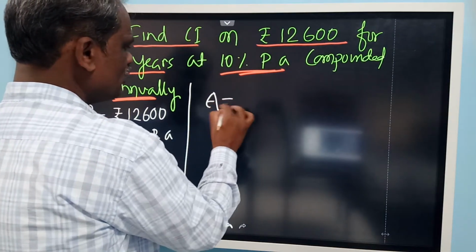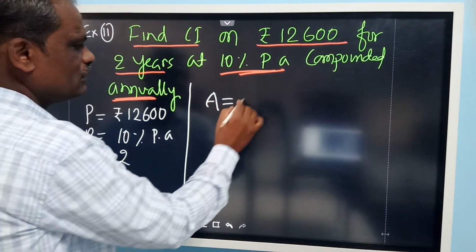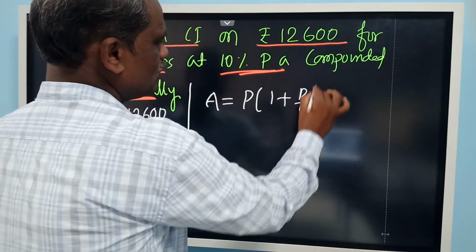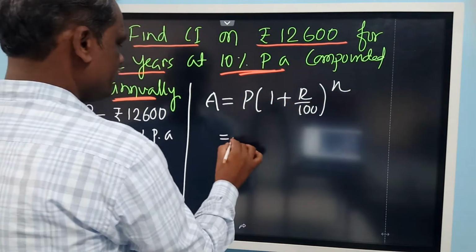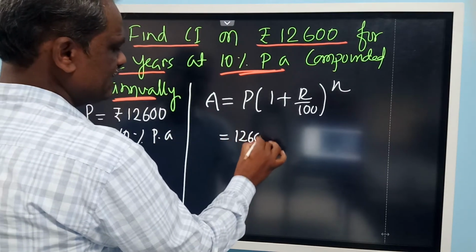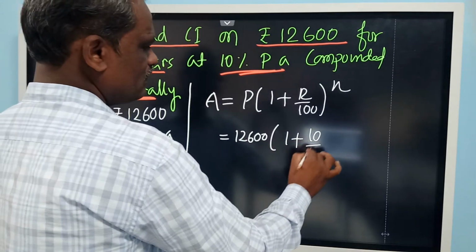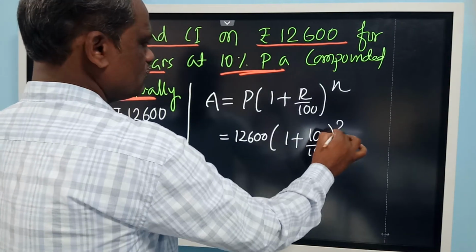What is the formula to find compound interest? We have to find the amount first. A is equal to P into (1 plus R by 100) to the power N. Principal is 12,600 into (1 plus 10 by 100) to the power 2.